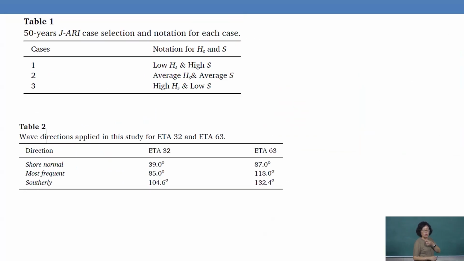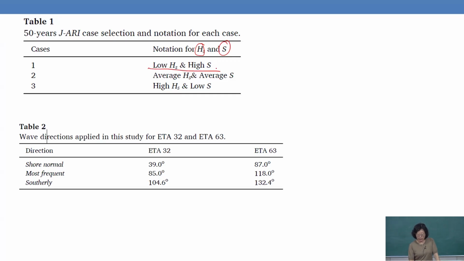We look at the joint probability analysis. We include the significant wave height and the storm surge. So we include both. And before we applied that, based on the available significant wave height measurements and the storm surge, we found out what cases we think we need to look at more.